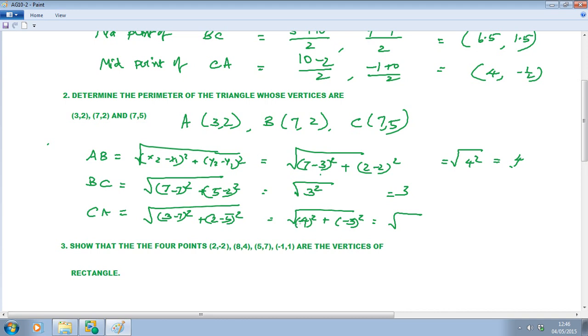Minus 4 into minus 4 is 16, plus minus 3 into minus 3 is plus 9, so the root of 25 is equal to 5.